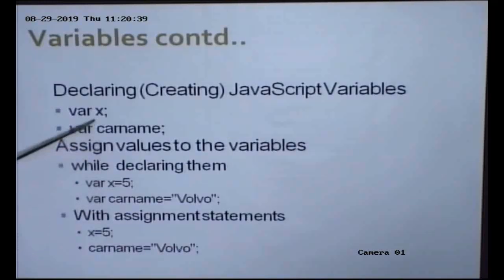See here, the declaration part is x and the assignment part is x equal to 5. The declaration part is carName and the assignment part is carName is equal to Volvo. So there are two ways you can declare JavaScript variables.